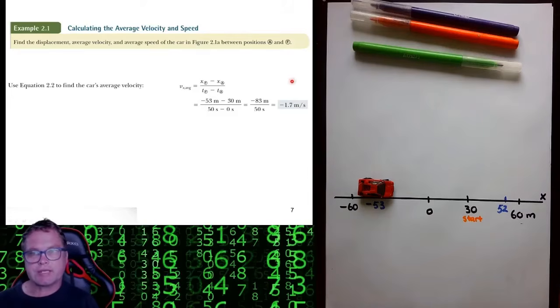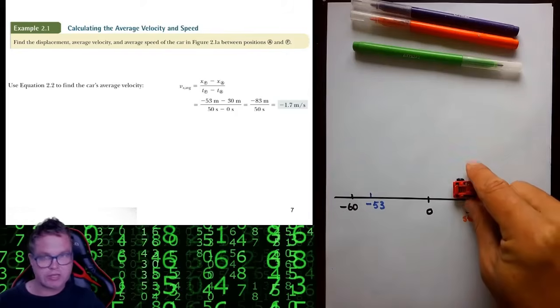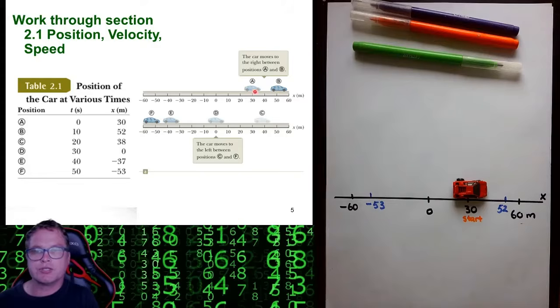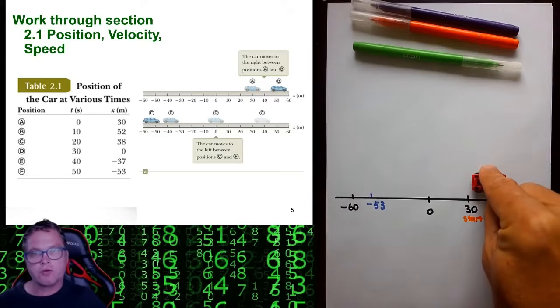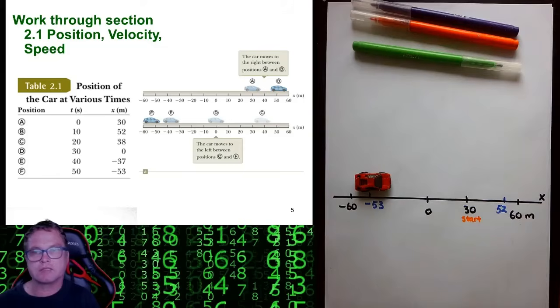So in this example, we are asked to find the displacement, the average velocity, and the average speed of the car between positions A and F. So remember, position A was the starting point at t equals 0. It started at 30, and position F was once it had traveled all the way in the negative direction after heading in the positive direction.